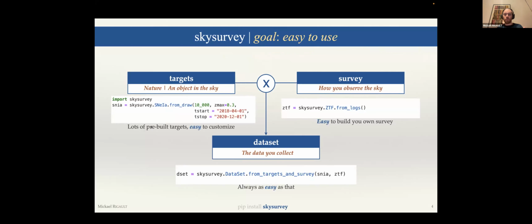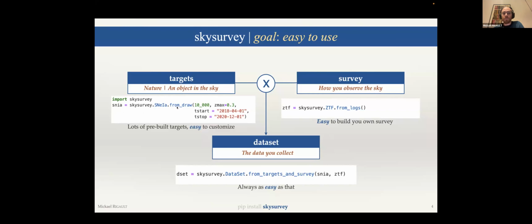Here I'm going to show you some screenshots of the lines of code that lead to that. For instance, if you want to get a survey, you just need to import skysurvey, and then you have a list of a lot of pre-built targets. For instance, this one, SNIa, is my field.